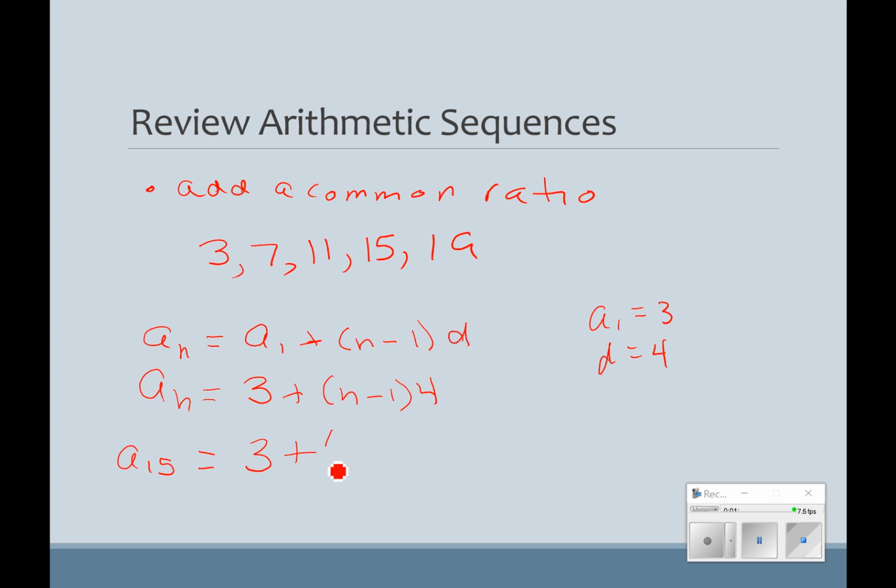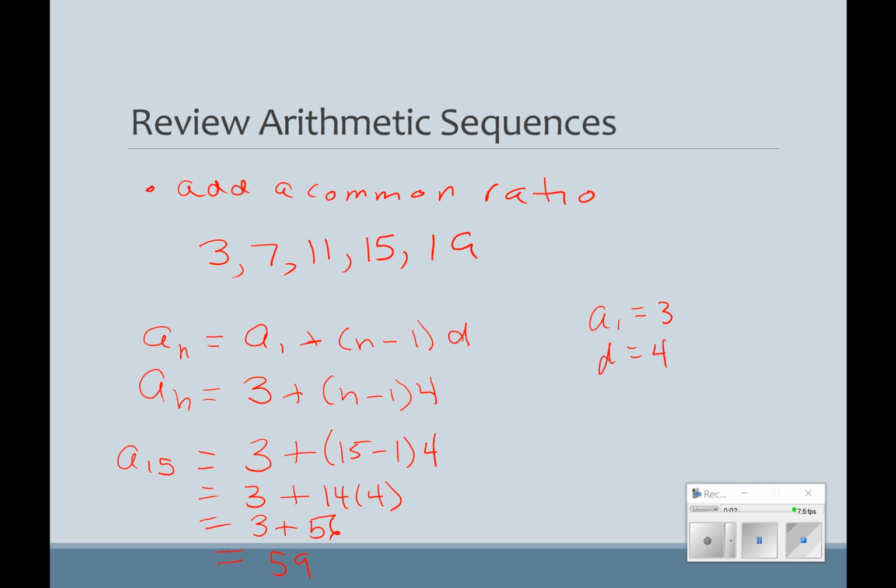So 3 plus 15 minus 1 times 4. So 3 plus 14 times 4. And 14 times 4 is 56. So 3 plus 56. So my 15th term was 59.